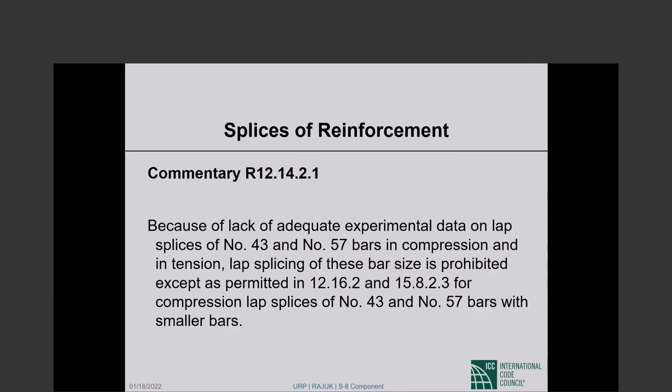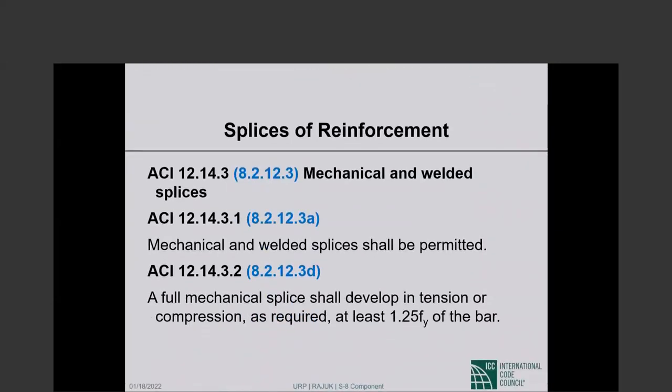So the only time any kind of lap splicing with number 43 or number 57 bars would be permitted is when those large bars are lapped with smaller bars. Otherwise, they cannot be lapped. For one thing, the lap length will be something horrendous for those large bars.